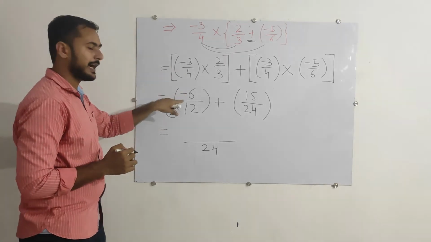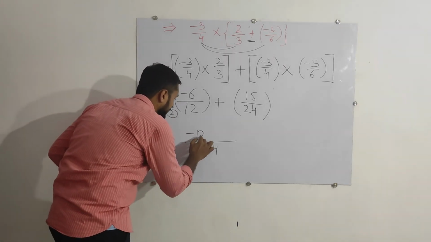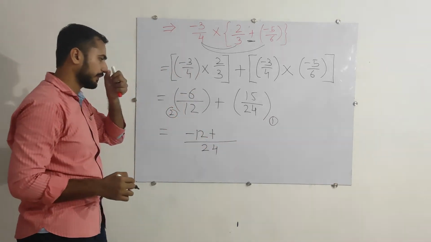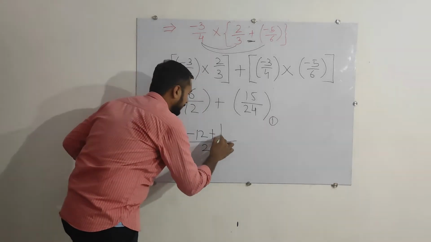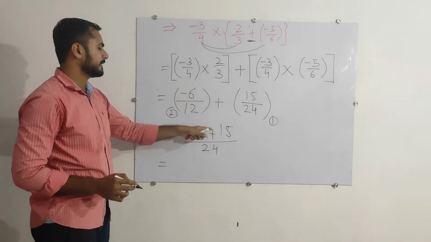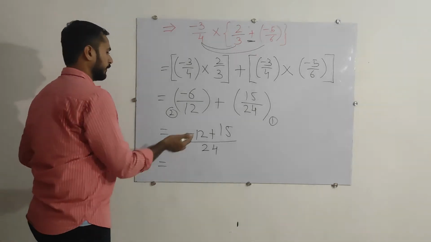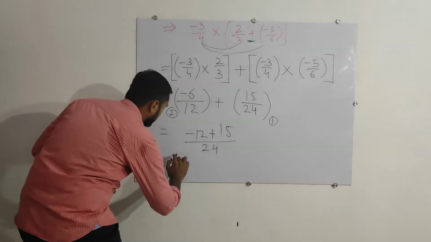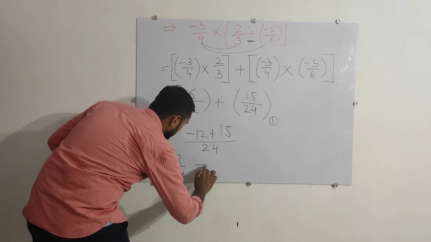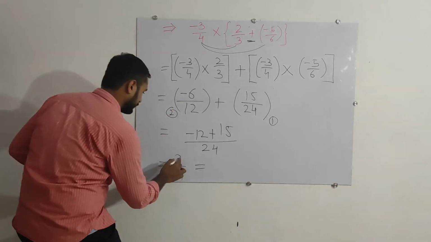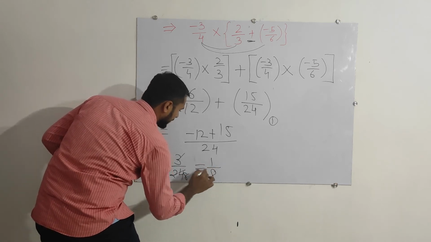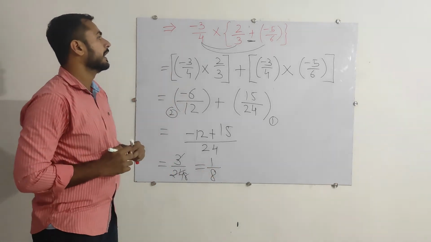That is 2 6s are minus 12, plus, here that's 1, because 24 ones are 24, and 15 ones are 15. And at last, minus plus. So 15 minus 12 is 3. 3 upon 24. It means 3 8s are 24, so the answer is 1 upon 8.